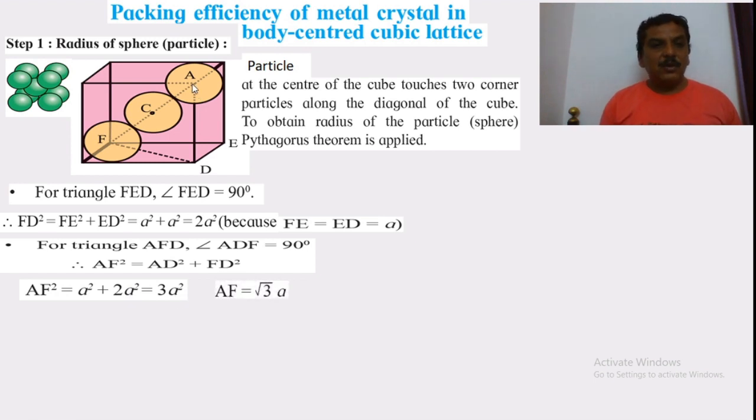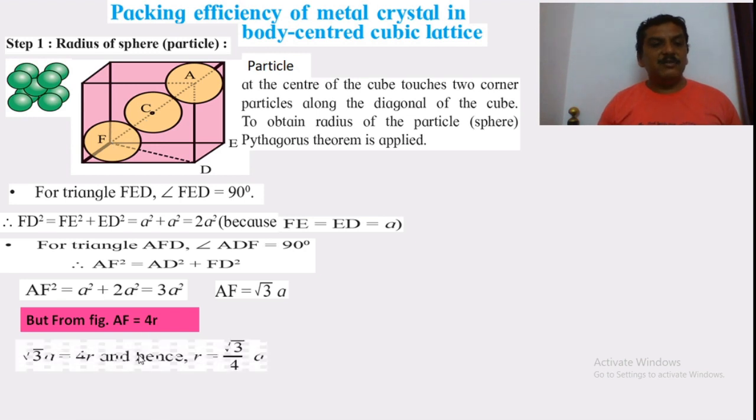Hence AF is equal to root 3 a. And we have already determined that R plus 2R plus R is AF. Hence we can write AF is equal to 4R. From the figure we can see AF is equal to 4R. Hence 4R is equal to root 3 a, and R is equal to root 3 upon 4 a.